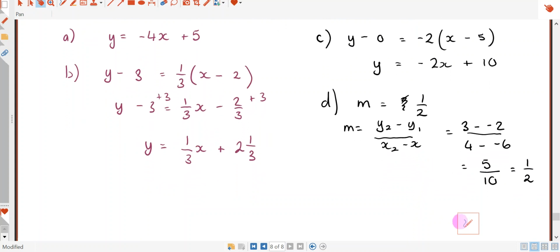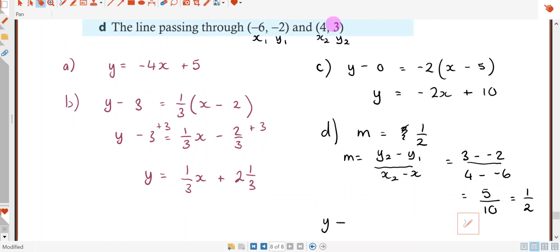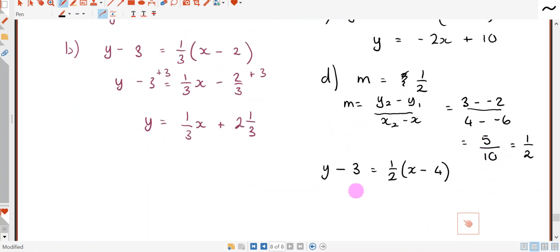Right, so let's do that then. Let's say y minus, which coordinate should we use? 4, 3? Sure. Okay. I like y minus 3 equals 1/2 times x minus 4. So that's half x.